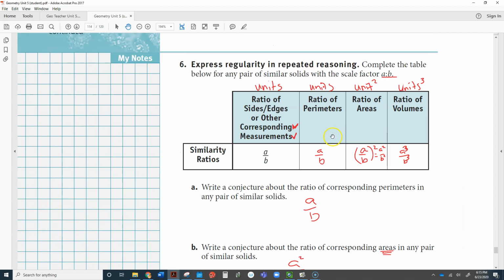This is only true if all your measurements, each measurement on your figure, your entire figure, change. If one part changes but the other part doesn't change, this relationship does not hold true.